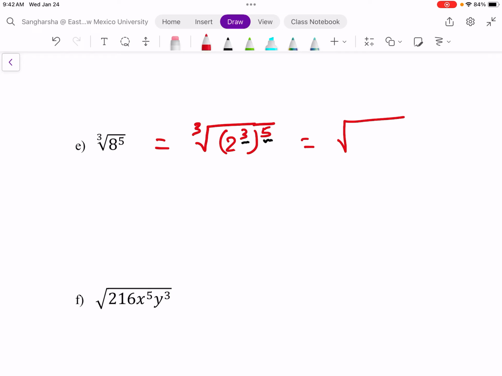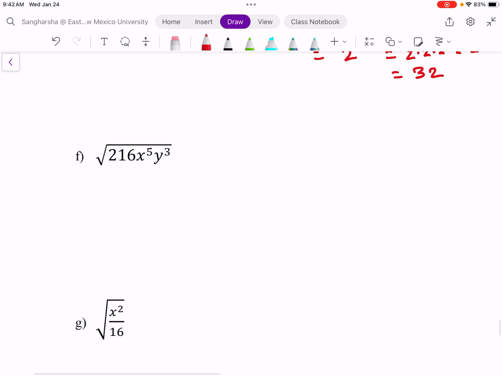So this is the cube root of 2 to the power 5 to the power of cube. These two are the same thing. Now we have an odd index, and the index is equal to the exponent, so you can cancel the cube root and the cube power. We are left with 2 to the power 5, and 2 to the power 5 is 2 times 2 times 2 times 2 times 2, which is 32.